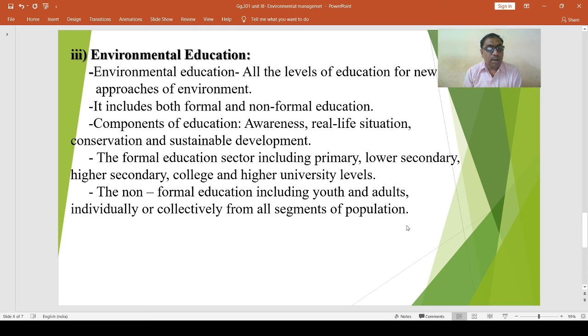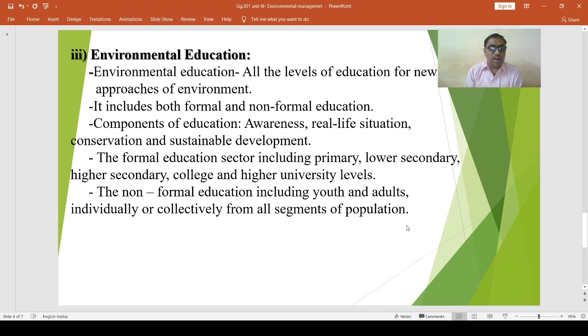The non-formal education includes youth and adults, individually or collectively, from all segments of the population, such as family, workers, tribals, forest dwellers, public representatives, administrators, officers, etc.